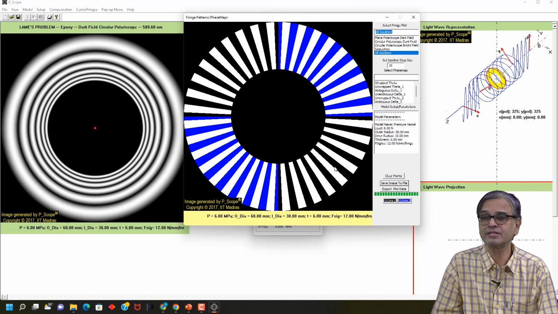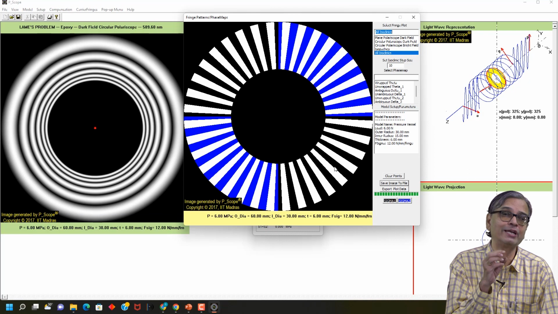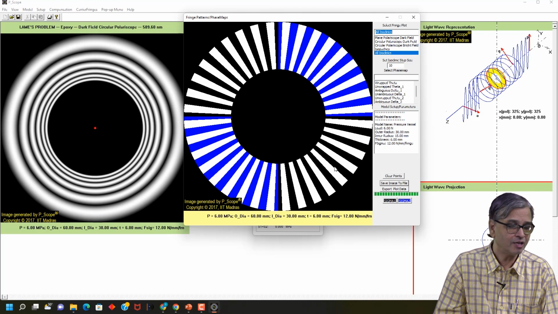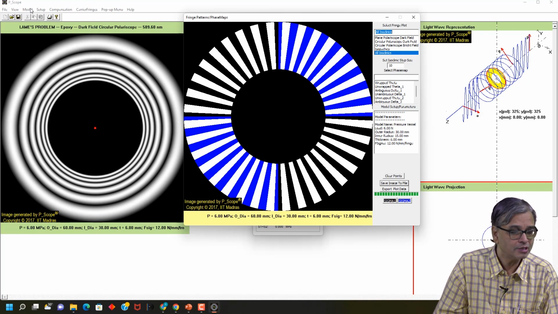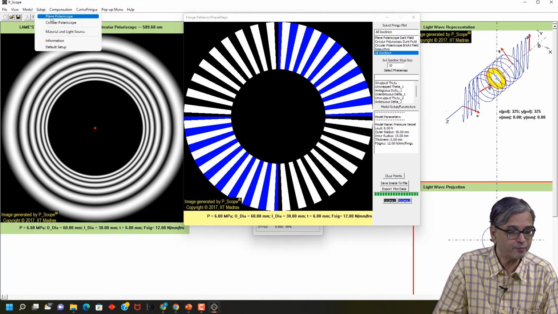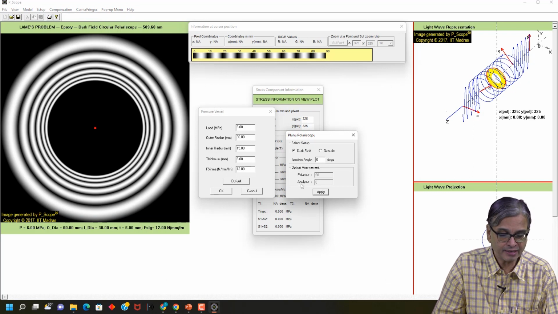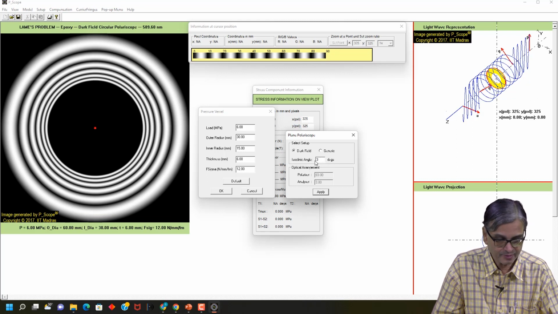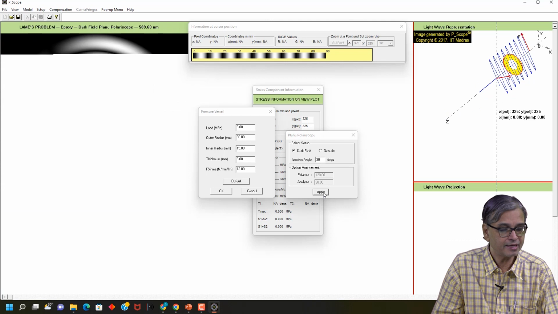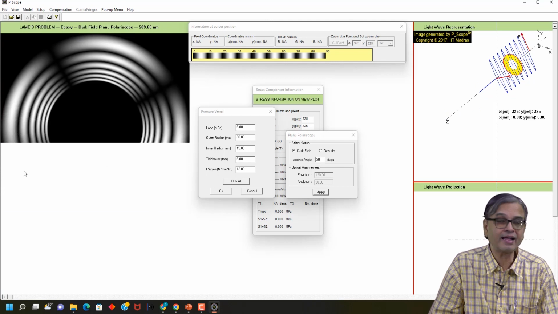See, when I use a polariscope, I will see only one set of isoclinic at a time, which I can also show you. So, I have this as a model, I will put this as a plane polariscope, and then I have the dark field. I have the isoclinic angle, if I put it as 30 degrees, okay, apply, I can simulate that.